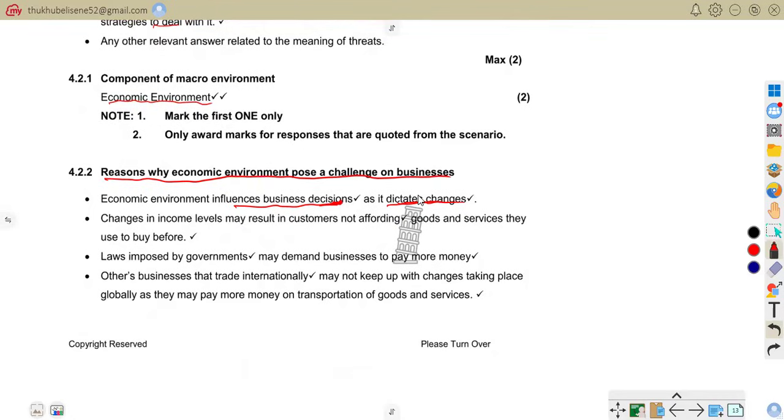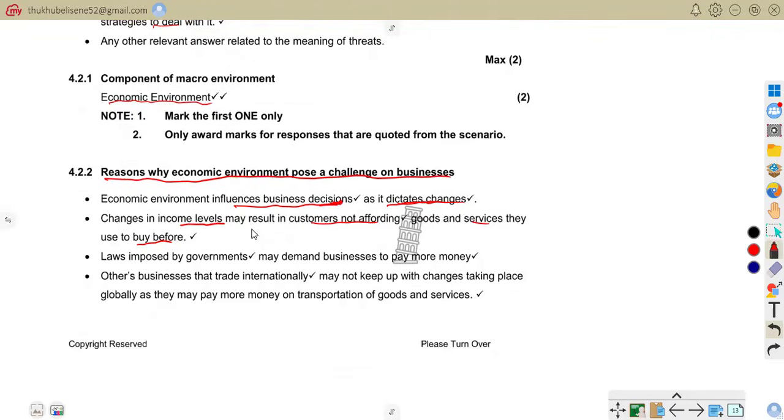For example, a business increasing prices due to rising fuel costs. Changes in income levels may result in customers no longer buying goods and services they used to buy before. Here we are talking about changes in income levels affecting buying power. Customers may not afford goods when income decreases.